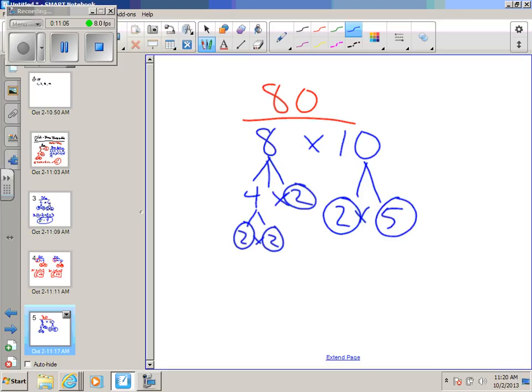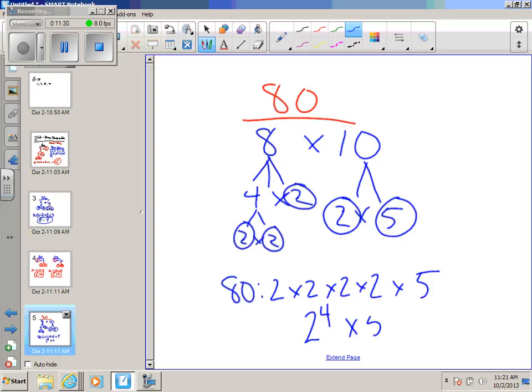Now, if I keep up with my circling, and I circle all the prime factors, when I clean it up at the end, I count them out. 1, 2, 3, 4 2s, and the 5. 2 to the 4th power times 5.